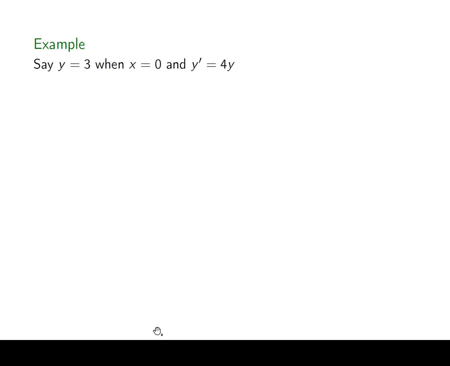So here's our example. Say that y equals 3 when x is 0, and this is our equation that we want to solve. So I want to solve y prime equals 4y, and I need it to satisfy the condition that I have an output of 3 when x is 0, right? So this is my initial condition.